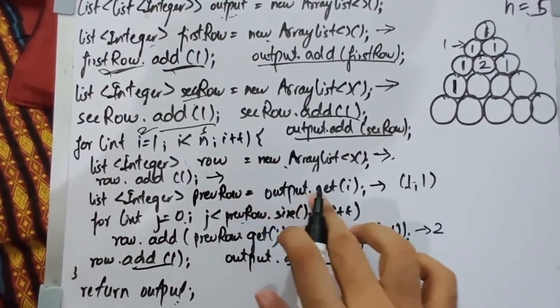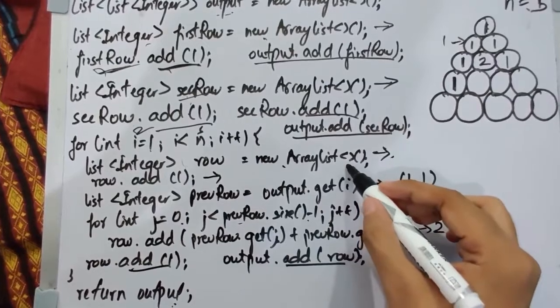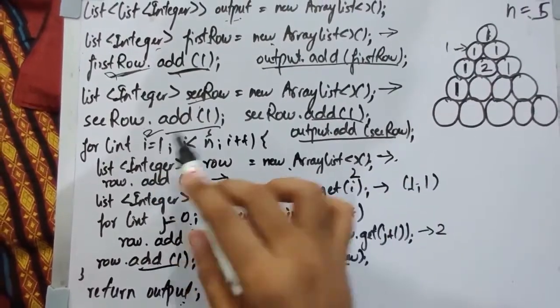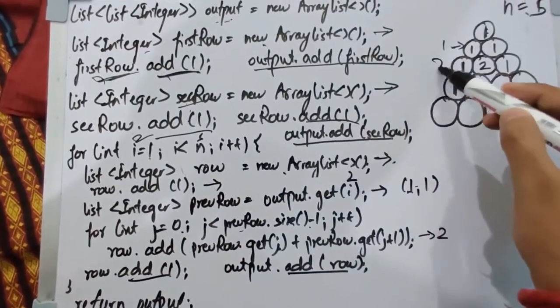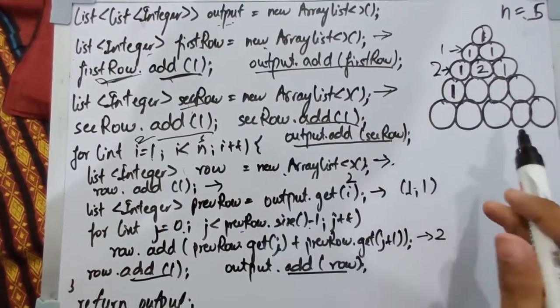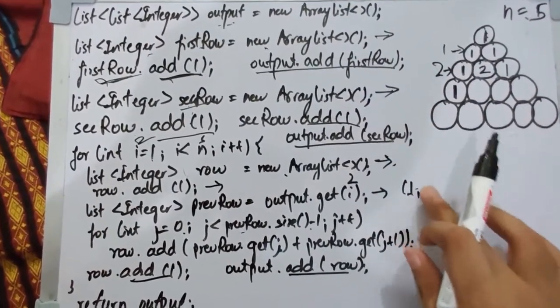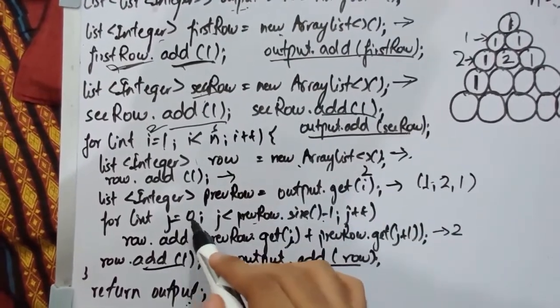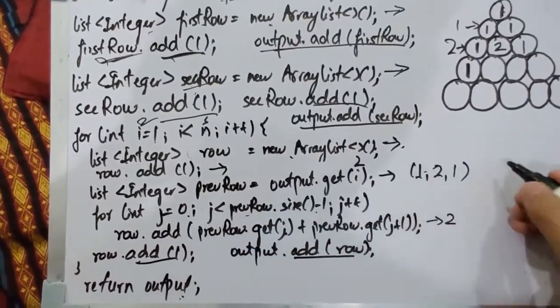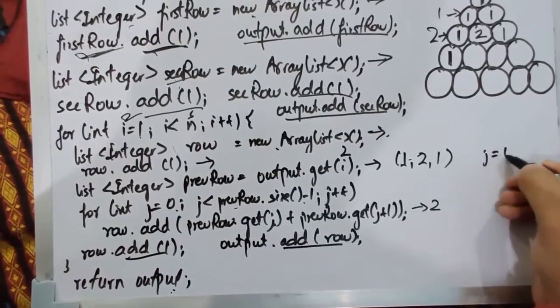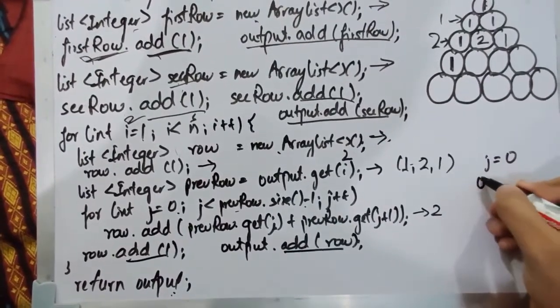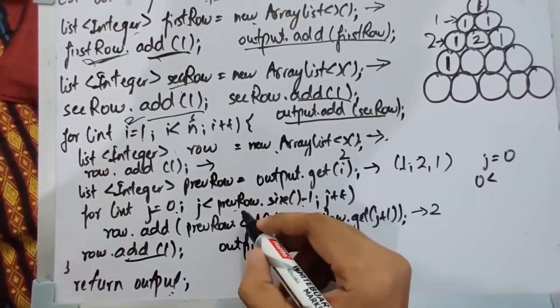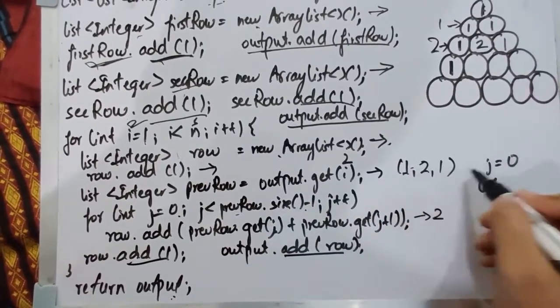So now it will fetch the index value 2, i equals 2. So the second row is this one. So it will fetch 1, 2, 1. So now j equals 0. So let's write it down. j equals 0, and 0 is less than previous row dot size, which is 3.